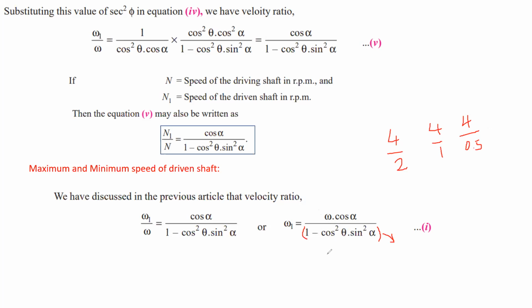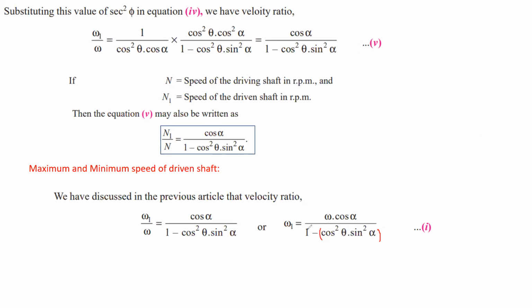Here you can see that 1 is constant. Then as alpha is constant, sine square alpha is also constant. Whatever this factor, cos square theta sine square alpha, is, it is subtracted from 1.